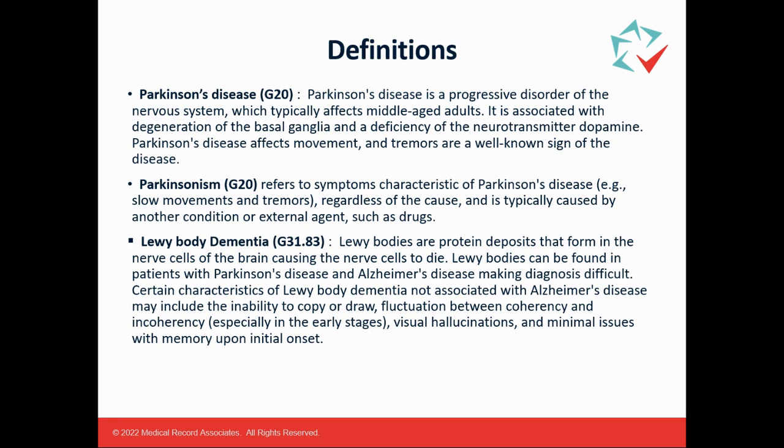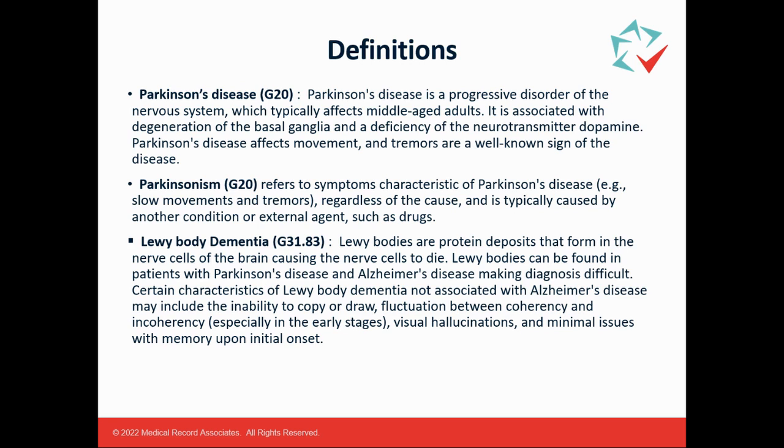Parkinsonism, which is also coded to G20, refers to symptoms characteristic of Parkinson's disease, such as slow movement and tremors, regardless of the cause, and is typically caused by another condition or external agent, such as drugs. Lewy body dementia, which is coded to G31.83. Lewy bodies are protein deposits that form in the nerve cells of the brain, causing the nerve cells to die.